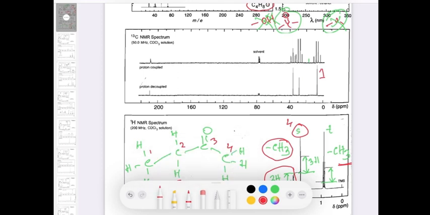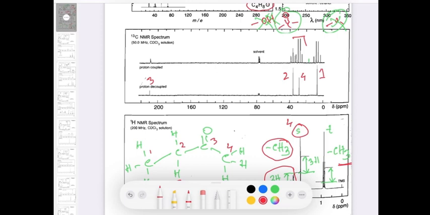So this is number 4 carbon, single, but it has 3 hydrogen atoms. That's why in proton coupled it is giving you a quartet. And this is number 2 carbon, and this is number 3 carbon.